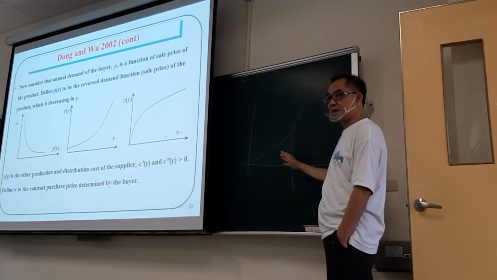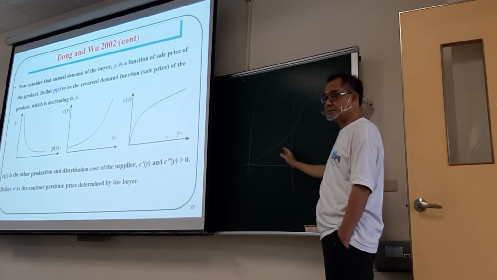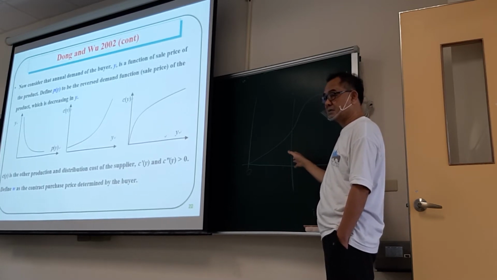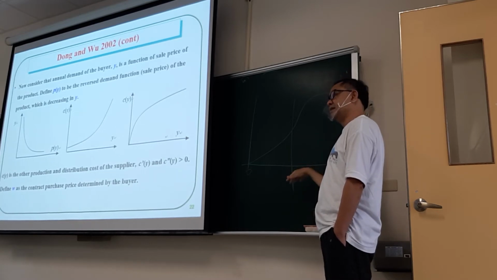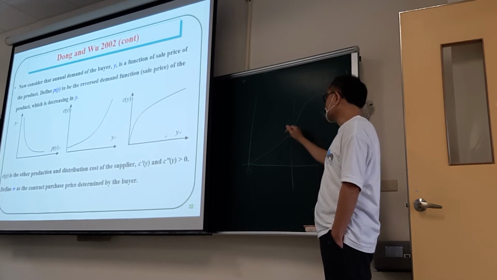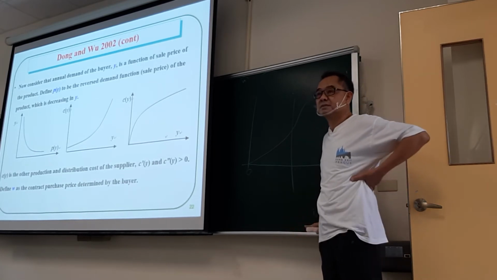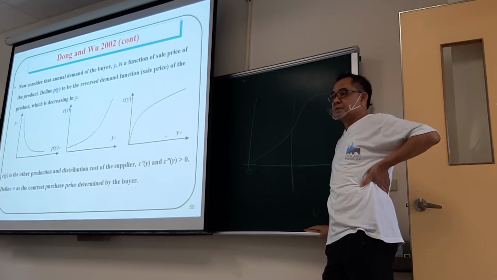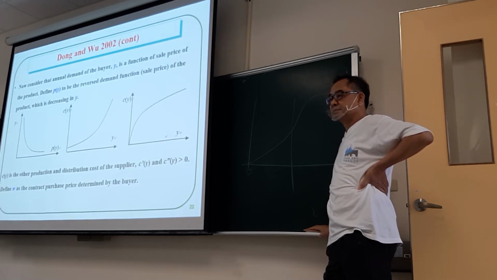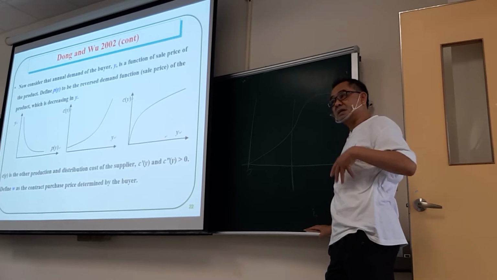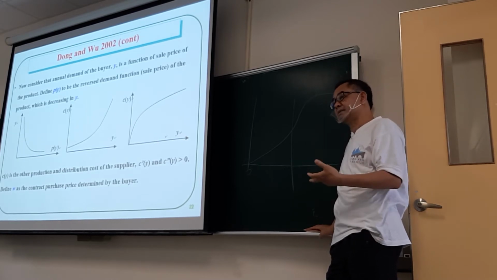So that's why I argue for the new product at the very beginning, the unit cost is increasing as demand increases. But then later, the unit cost is decreasing. But the problem for this model is the demand is EOQ based.